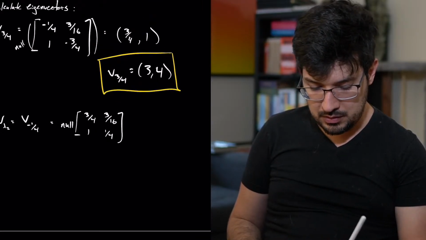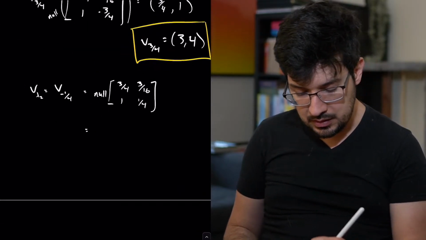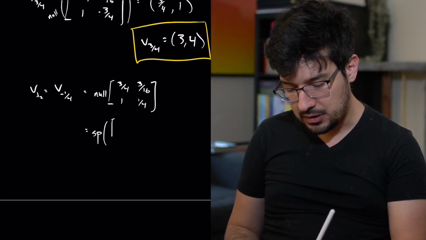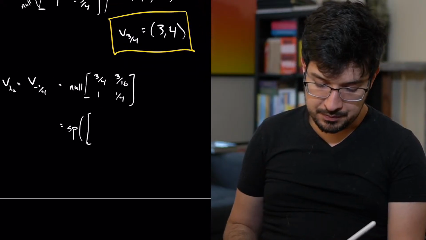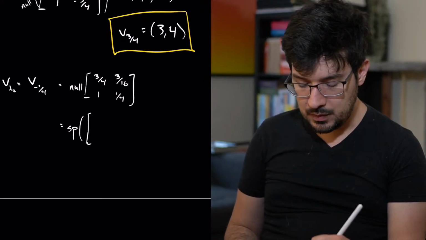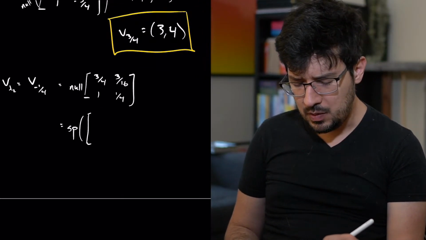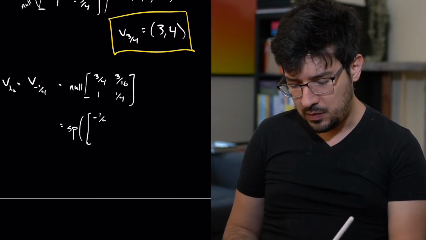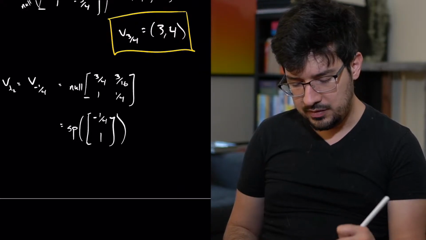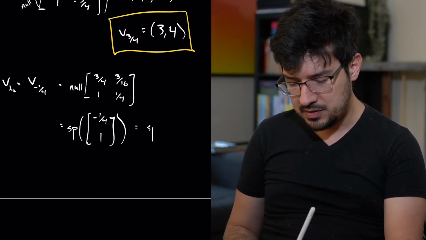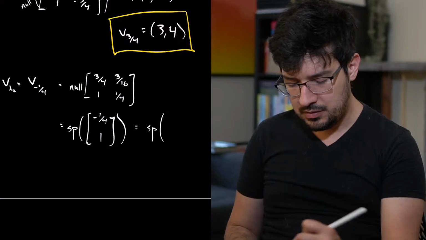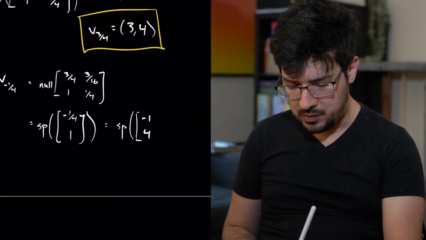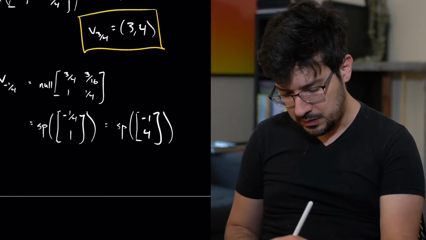So we're talking about the span of the vector. Again, if y is 1, then x is negative 1/4. And the span of that vector equals the span of the scaled vector, which is going to be easier to work with.